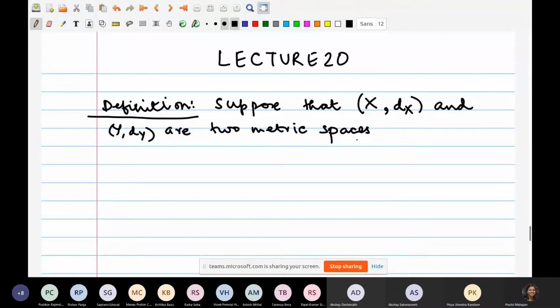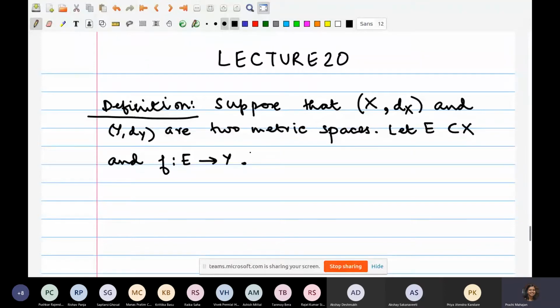And suppose that E is a subset of X, and suppose that f is a function defined on E taking values in Y.